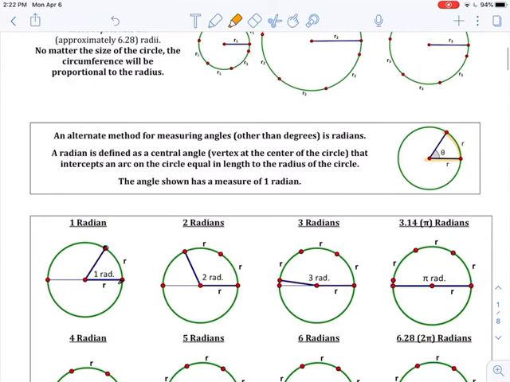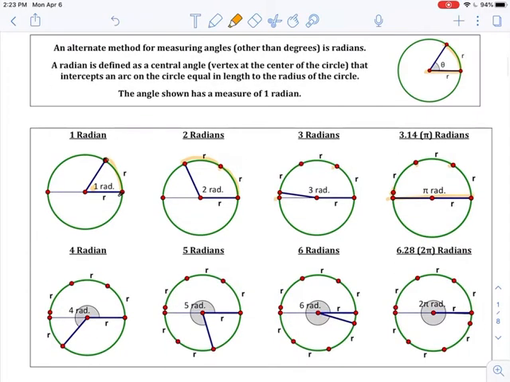So looking at how we would measure a circle this way, dealing with that center angle, this would be 1 radian. This, 2, 3, right? 1, 2, 3, just short, and then for the full semicircle, it's 3.14. So just beyond 3 is going to give you the semicircle.